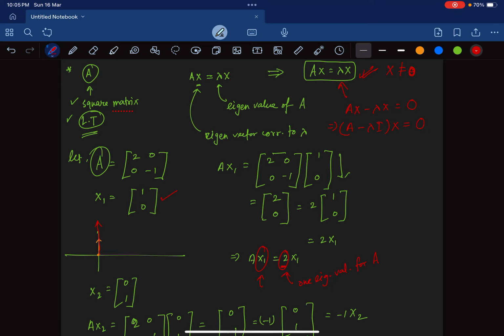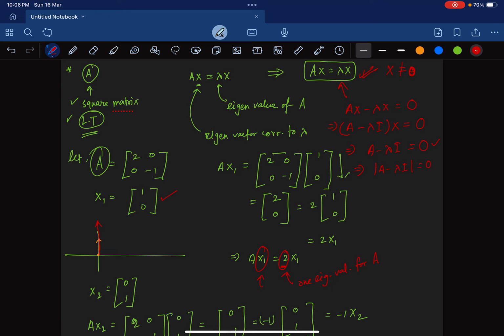If x equals 0, it is a trivial case, and we are not interested in the trivial case. So (A minus lambda I) x equals 0. As we are dealing with x not equal to the null vector, we must have the determinant of A minus lambda I equal to 0.